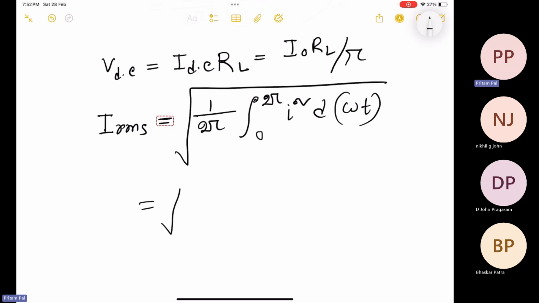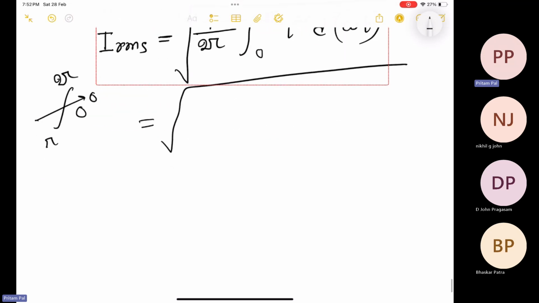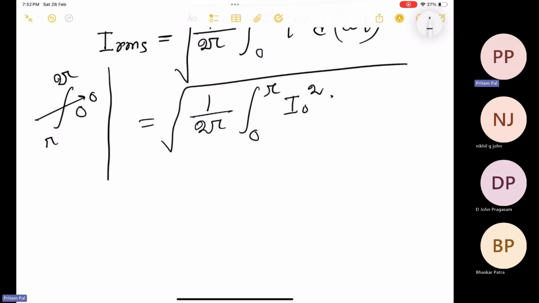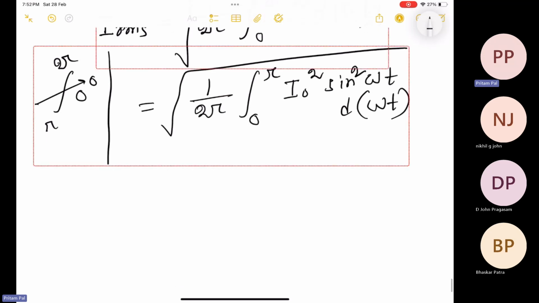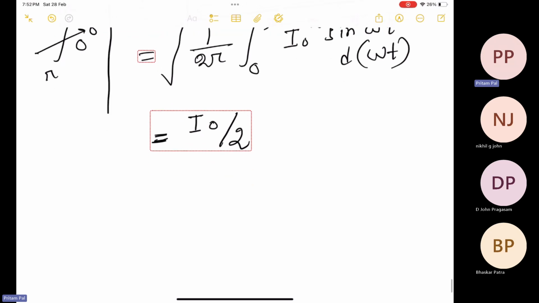Again, only for the first half, because for pi to 2 pi the current is already 0. If you solve it, you will find the RMS value for this half wave rectifier condition. It will be half of the peak value.